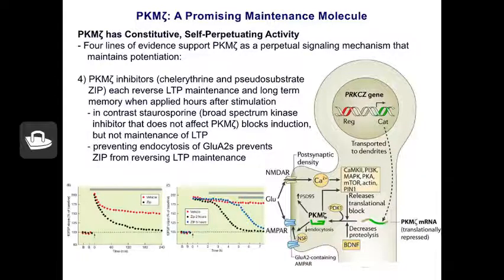And this makes sense because staurosporine is a non-selective kinase inhibitor that actually doesn't affect protein kinase M-zeta. So accordingly, it seems to be interrupting induction of LTP by blocking the effects of other kinases that are involved in these early stages. However, blockade of those kinases is not relevant for the late phase maintenance of LTP. Overall, this seems to be very strong evidence implicating protein kinase M-zeta in the long-term maintenance of LTP.